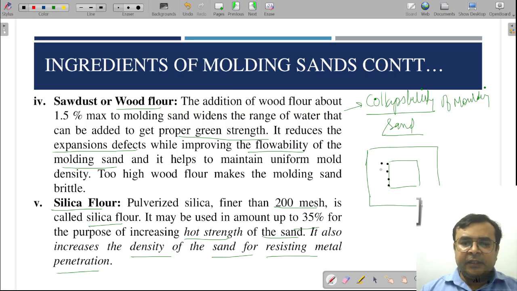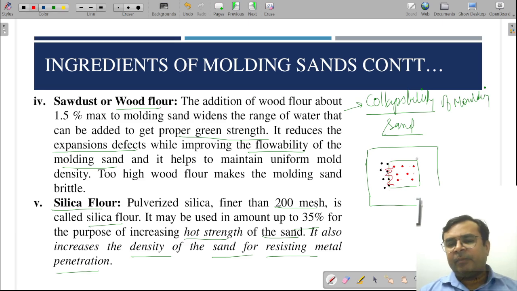If you have more gap between the sand particles, then when you fill this molten metal, the metal can easily penetrate into this gap. And if it penetrates between the sand particles, it produces an irregular surface on the casting surface like this.